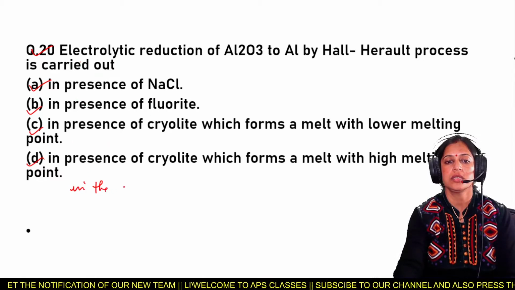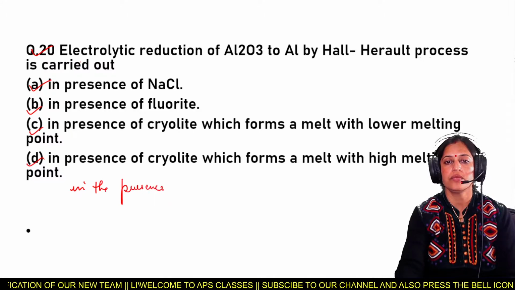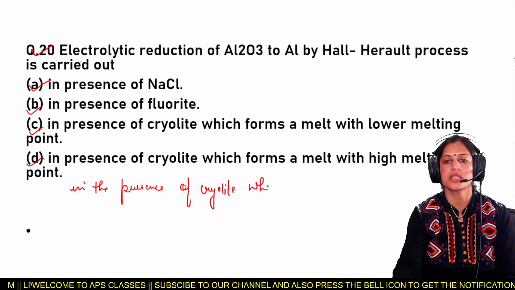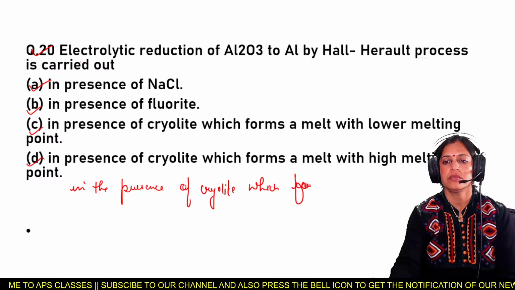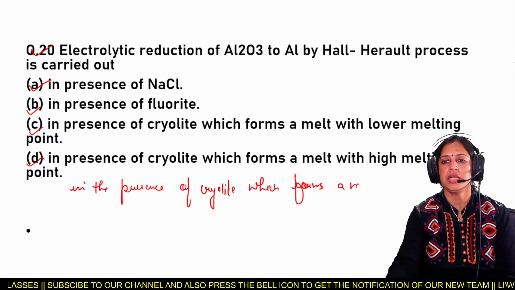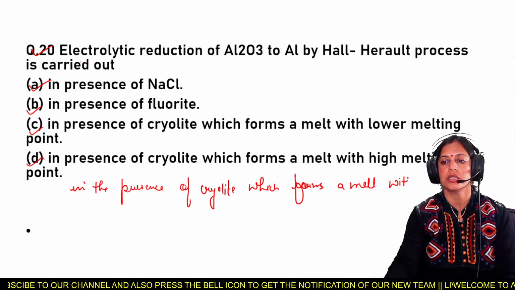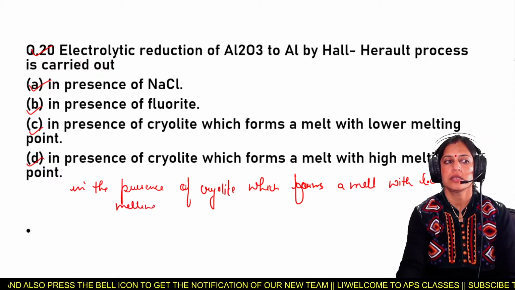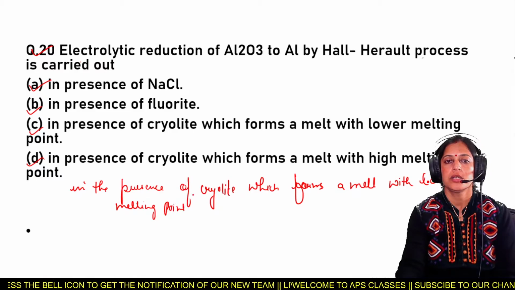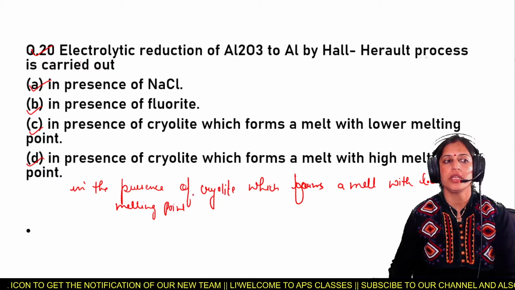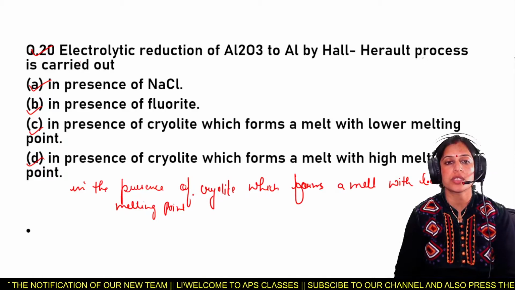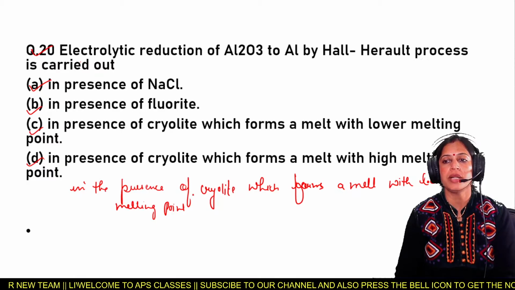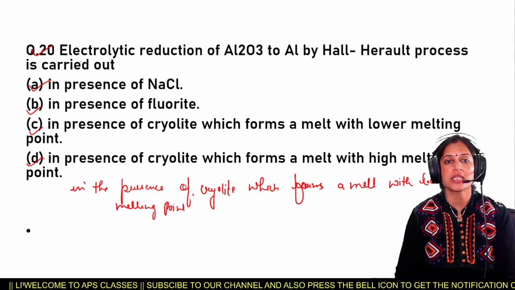So the electrolytic reduction of Al2O3 to Al by the Hall-Heroult process is carried out in the presence of cryolite which forms a melt with lower melting point, and this is the right answer for question number 20.